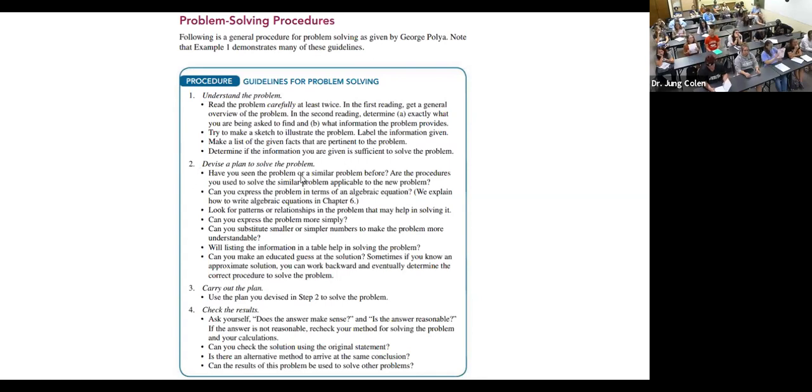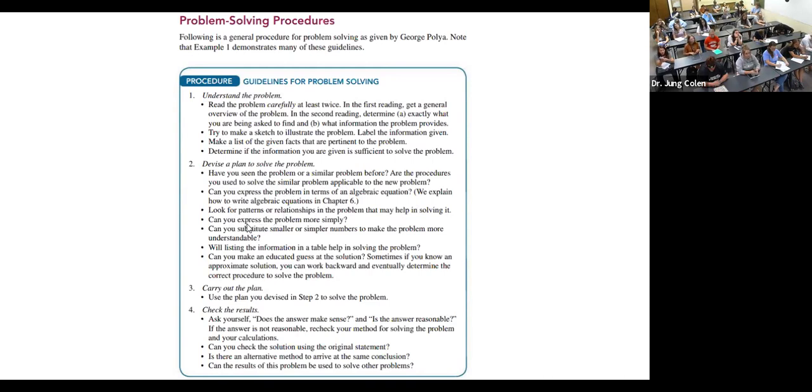When you are devising a plan to solve the problem, you can think about this. Have you seen the problem or similar problems before? Are the procedures you use to solve a similar problem applicable to this new one too? You can also think about, can you express the problem in terms of an algebraic equation using numbers and symbols? You can look for patterns or relationships in the problem.